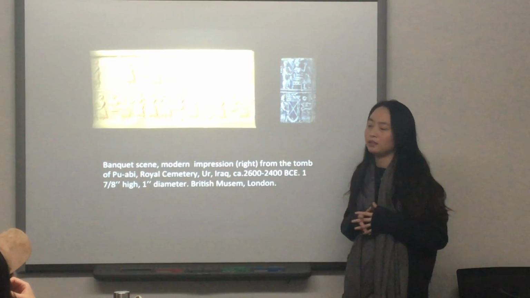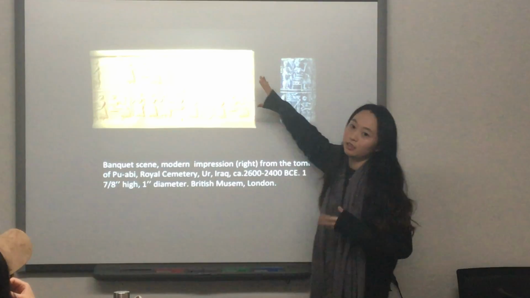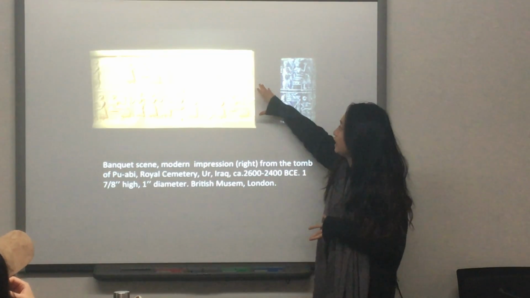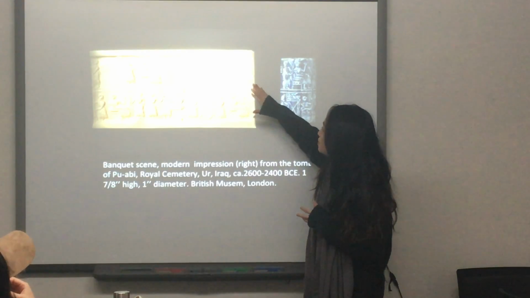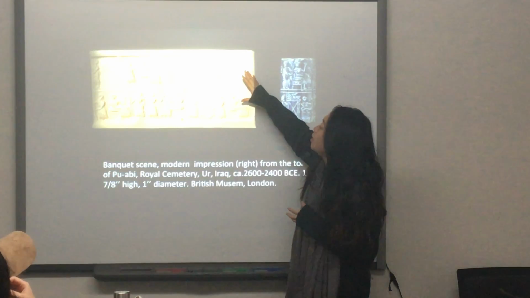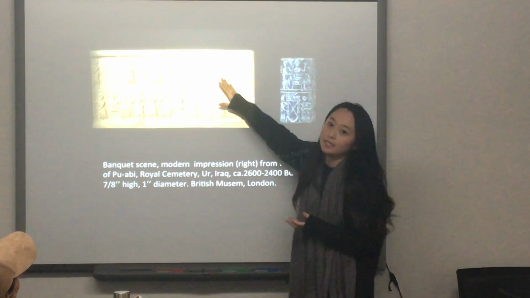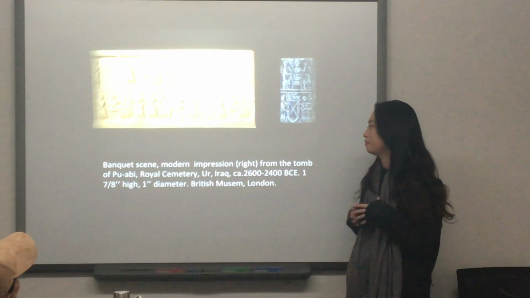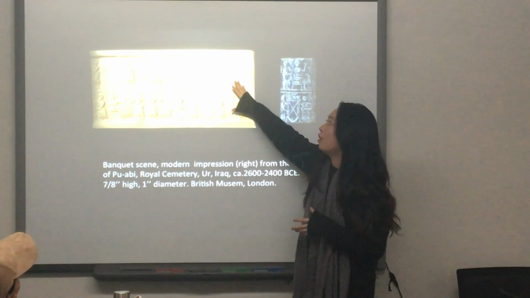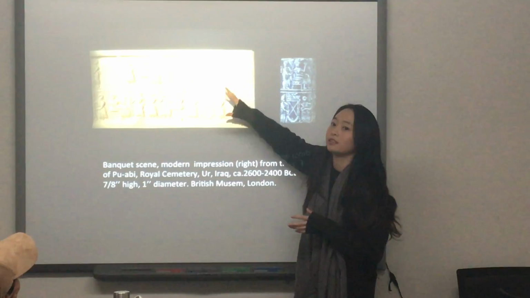Other examples are the Standard of Ur or the Stele of Naram-Sin that we have covered before. Another technique is twisted perspective. All of the human figures in these art pieces are in profile position with frontal eyes. The purpose of expressing human figures this way is to show the whole human appearance, containing all the human features.